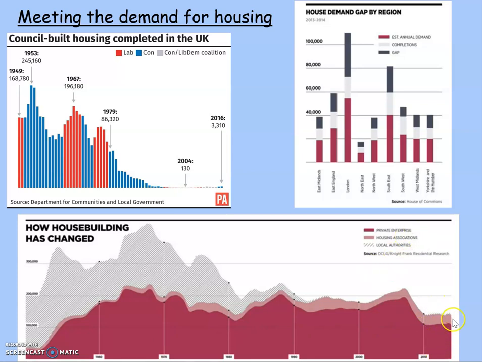Housing associations also a little bit, and local authorities like local councils very little. And this graph shows you the house demand gap by region. Have a look at that because it's a slightly confusing bar chart. Let's discuss that in the lesson, and I will find out from you how you interpreted that.